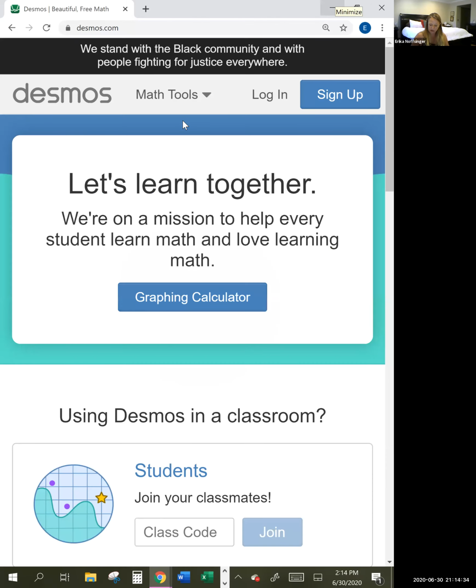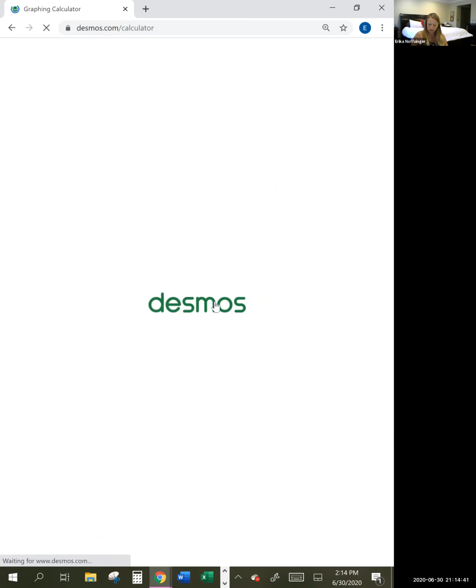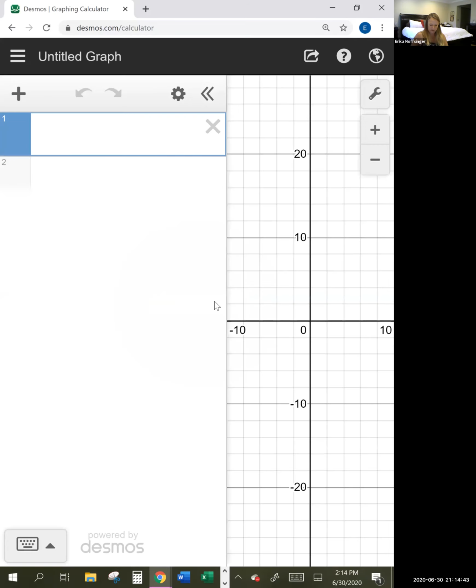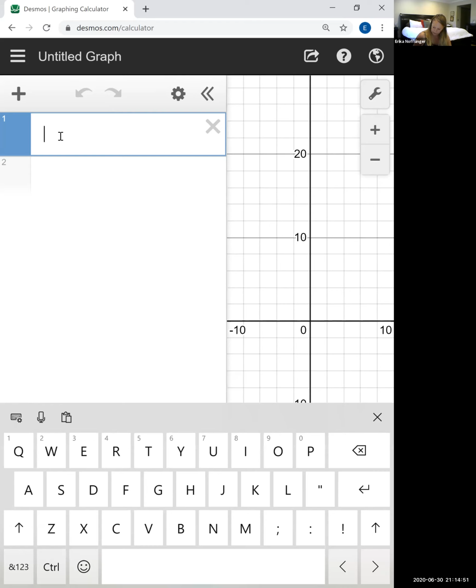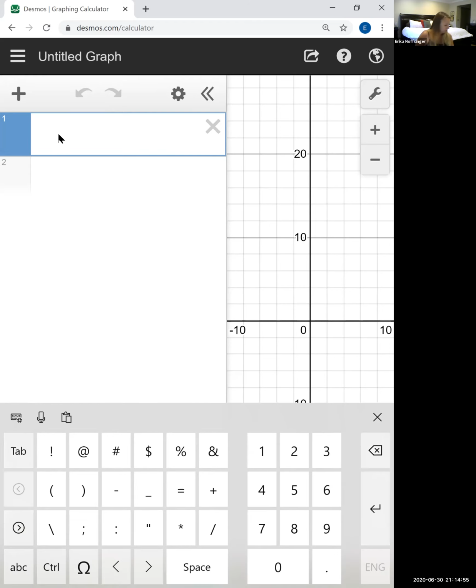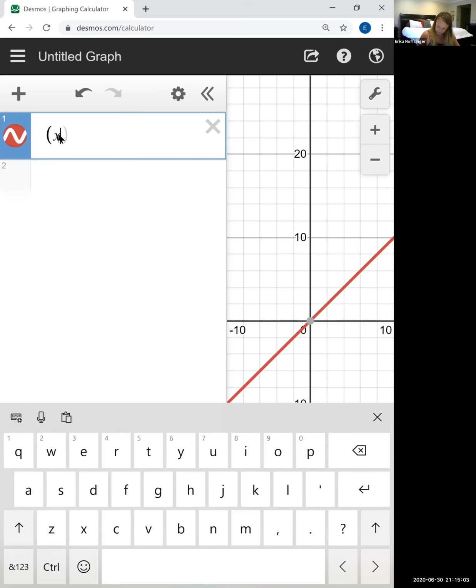Okay, so we're going to use the graphing calculator. And we're going to plug in our equation. And so we were given parentheses. It was x, oops, I'll put it in a second. But it was x minus 3.